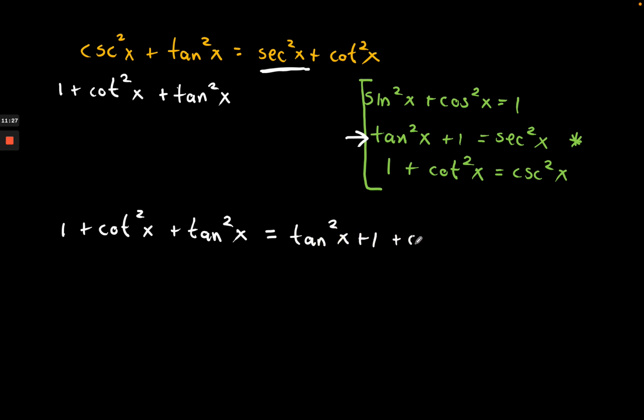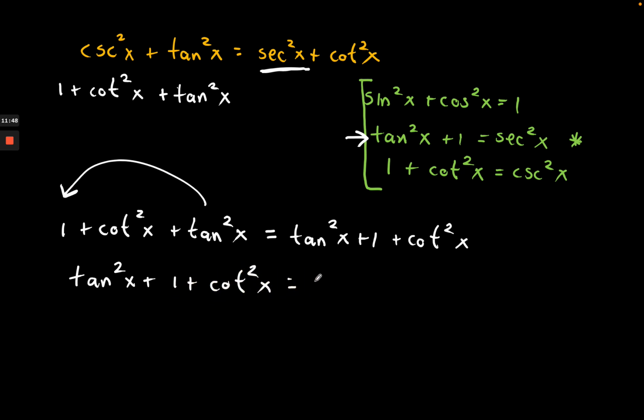And then I have plus cotangent squared x. So I have everything that I need. I just need to rearrange them. So I can rewrite this as tangent squared x, so I'm just going to move that over, plus 1 plus cotangent squared x. And we have our identity proven.